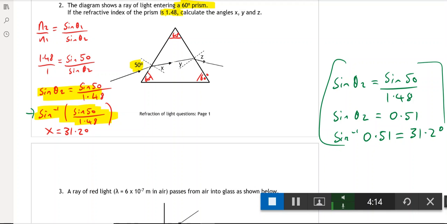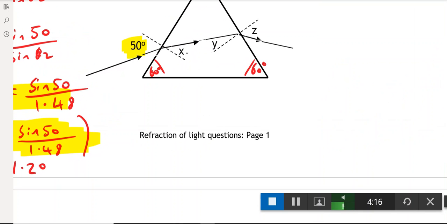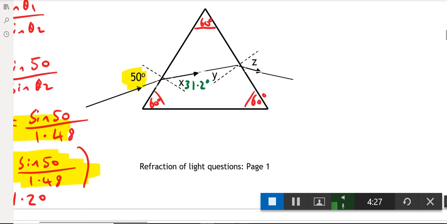So back to the triangle. We now know that this angle in here is 31.2 degrees. Now, if we look at our triangle, it's quite clear we've got a few straight lines. This is 90 because it's drawn perpendicular, the normal, to the boundary. That is 31.2.